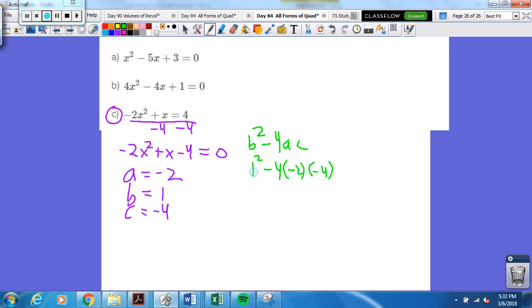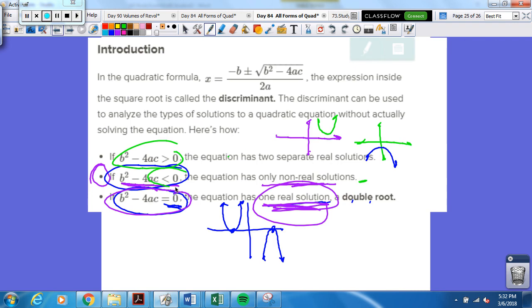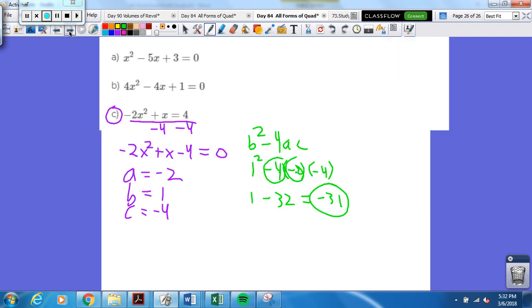All right, 1 squared is 1, negative 4 times negative 2 is 8, 8 times negative 4 is negative 32, and I get negative 31. My discriminant is negative. Okay, what does that mean? Discriminant is negative, that means that there's no real solutions.